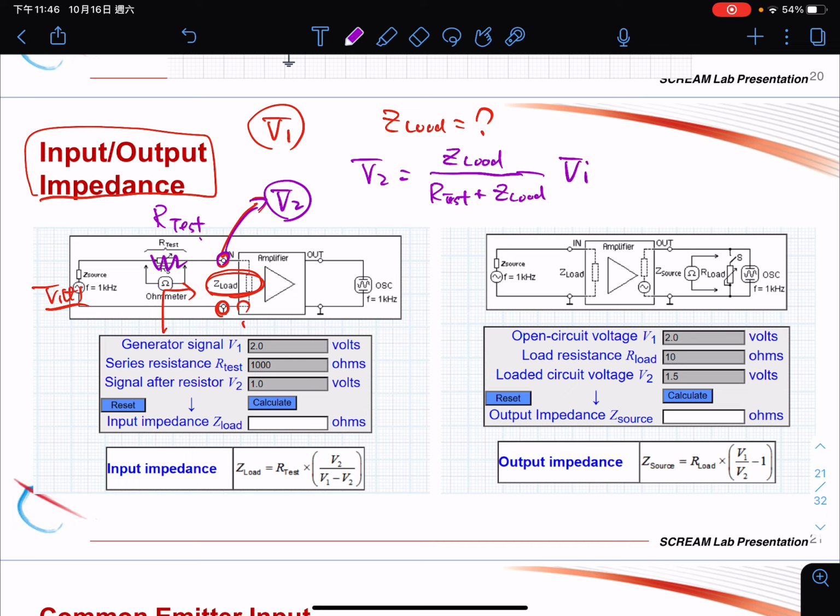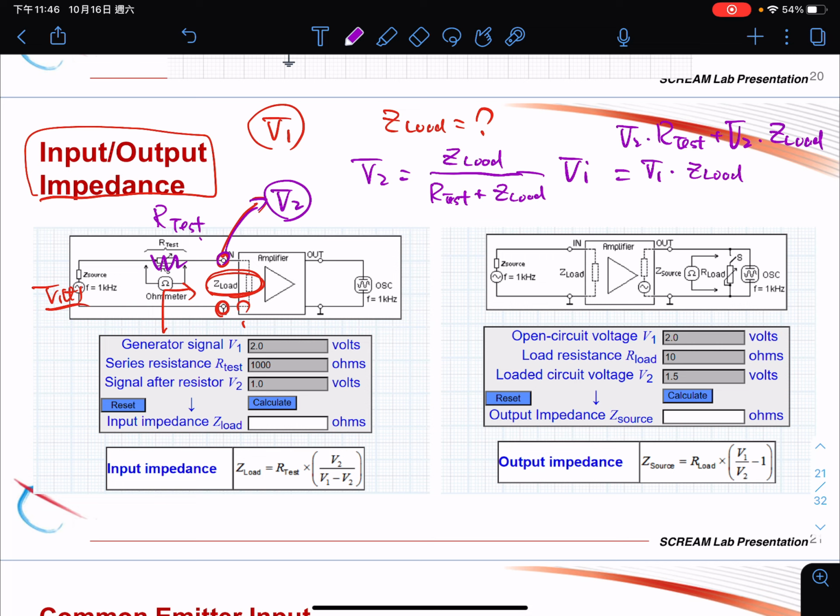Then we have to solve for the Z load. So we have V2 multiplied by R test plus V2 multiplied by Z load, which will be equal to V1 multiplied by Z load.